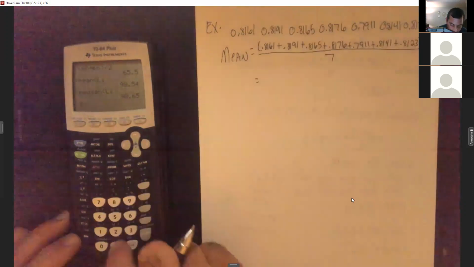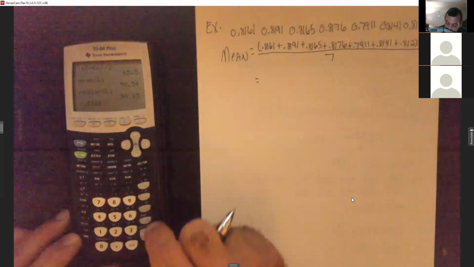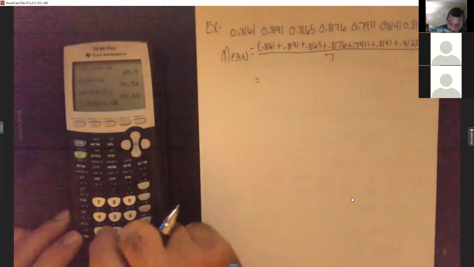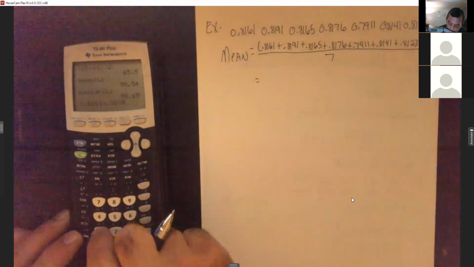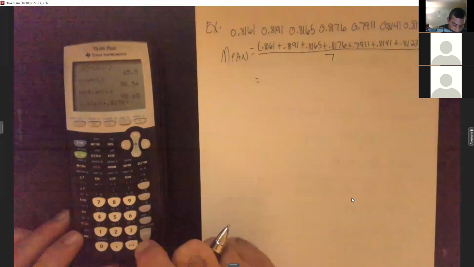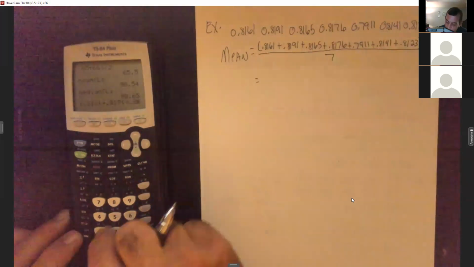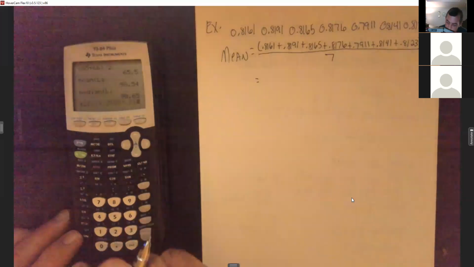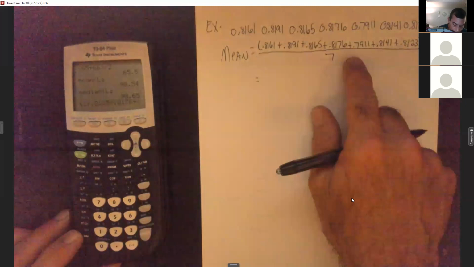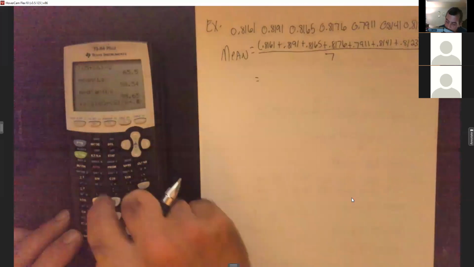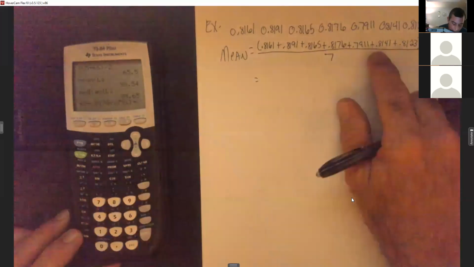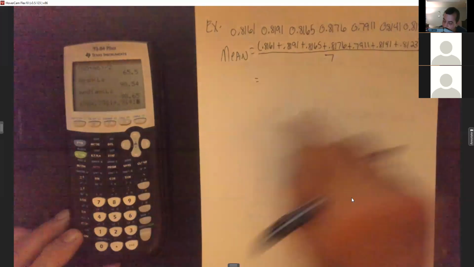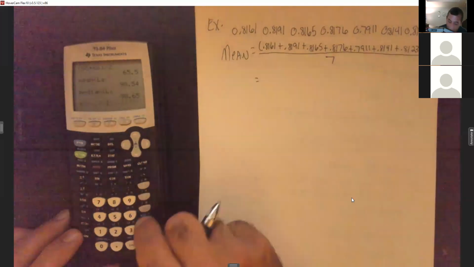All right, so here we go on the calculator. 0.8161 plus 0.8191 plus 0.8165, 0.8176, 0.7911, 0.8141, and then plus 0.8123.